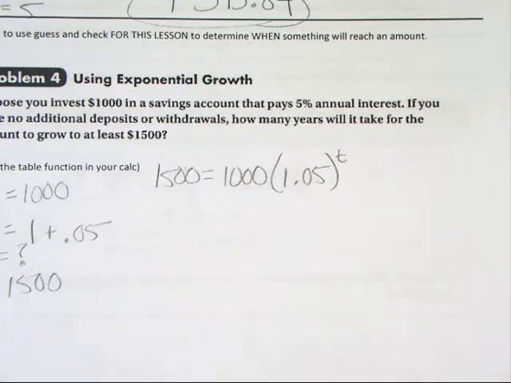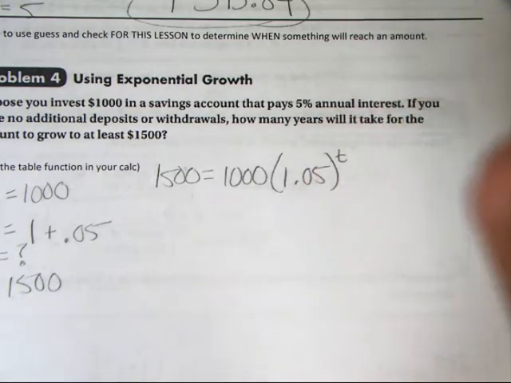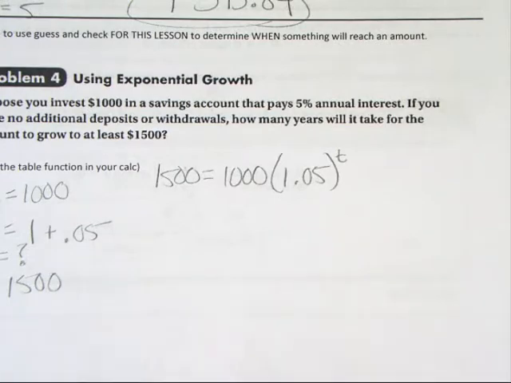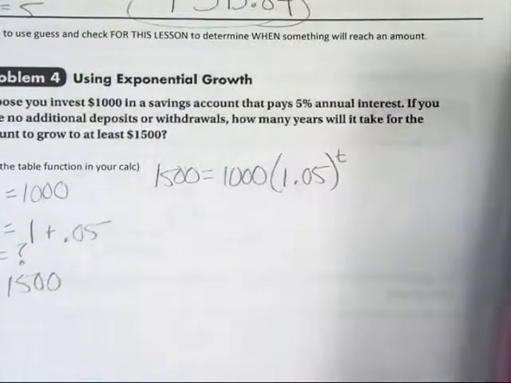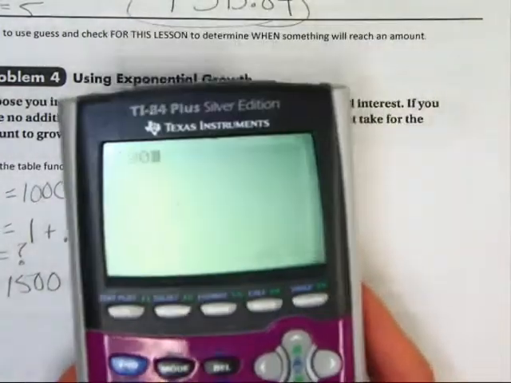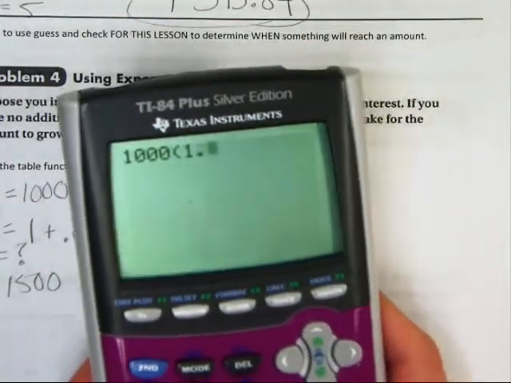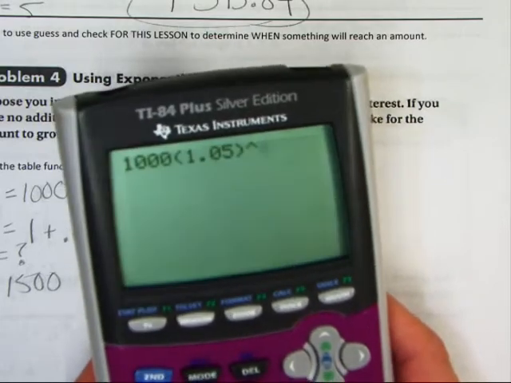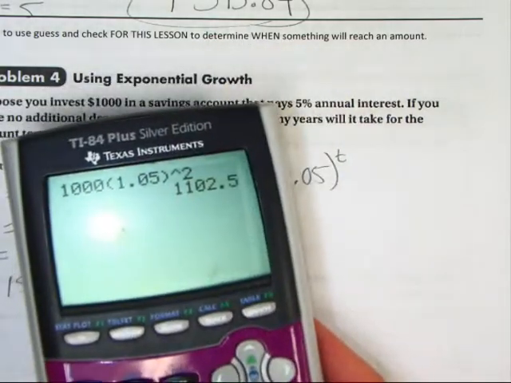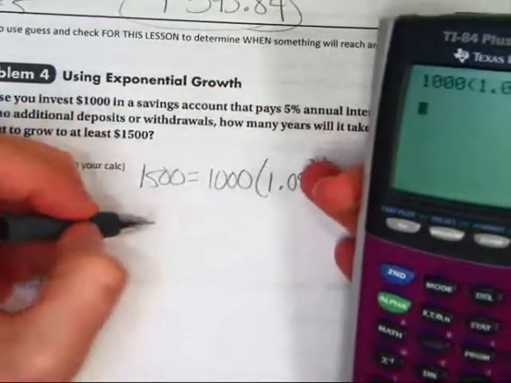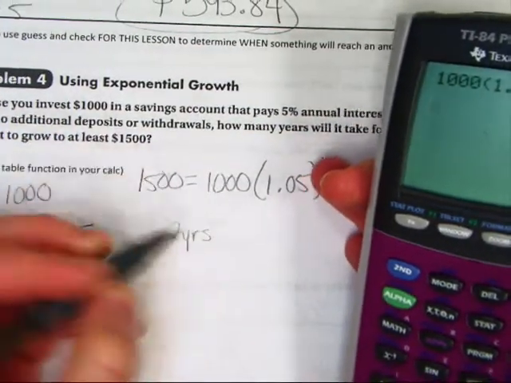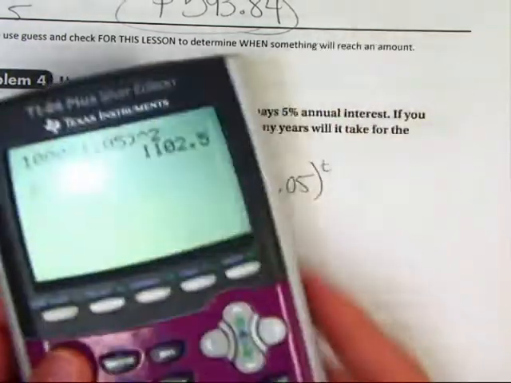Well, if we're going to round to the nearest year, we're going to have to use some guess and check. So I'm going to say 1,000 times 1.05 to the, let's take a guess, 2 years. Well, that's not nearly enough. I need that number to be 1,500. So I'm going to write down that I guessed 2 years, and that was definitely too small.